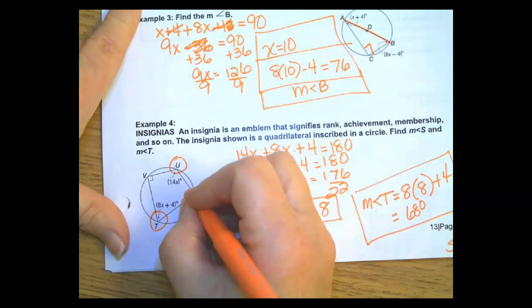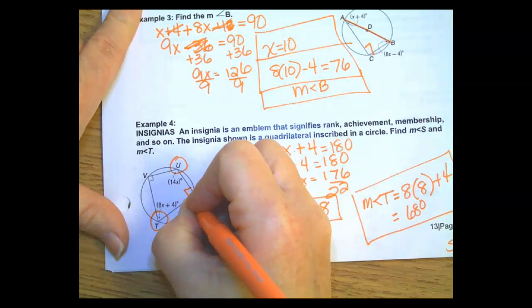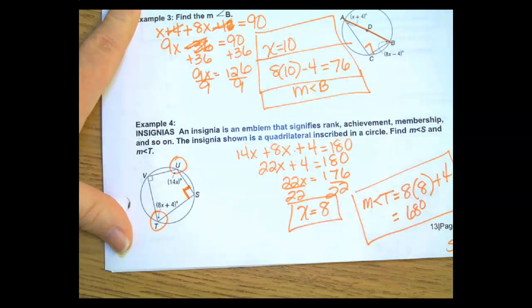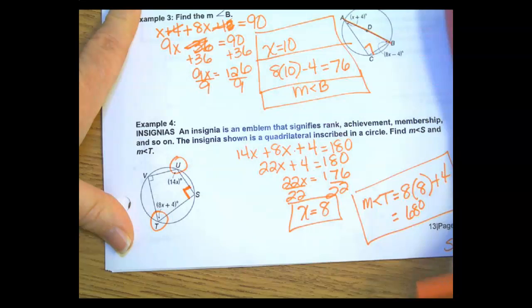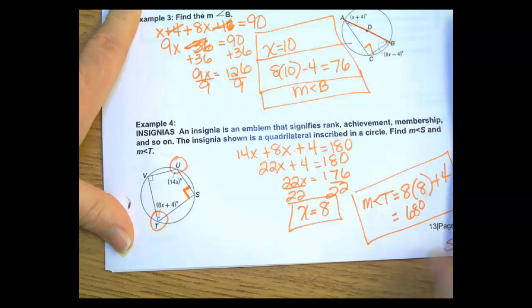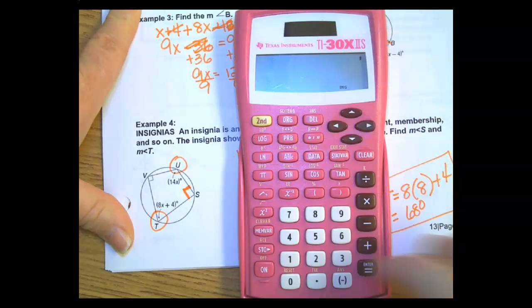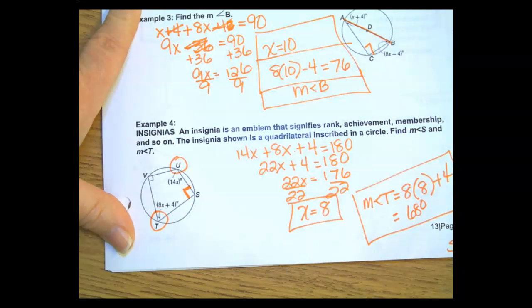I think this is supposed to be 92, but I don't think that sounds right. So the sum of the interior angles is 360. We know this one's 68, one of them's 90, and one of them is 14 times 8, which is 112.